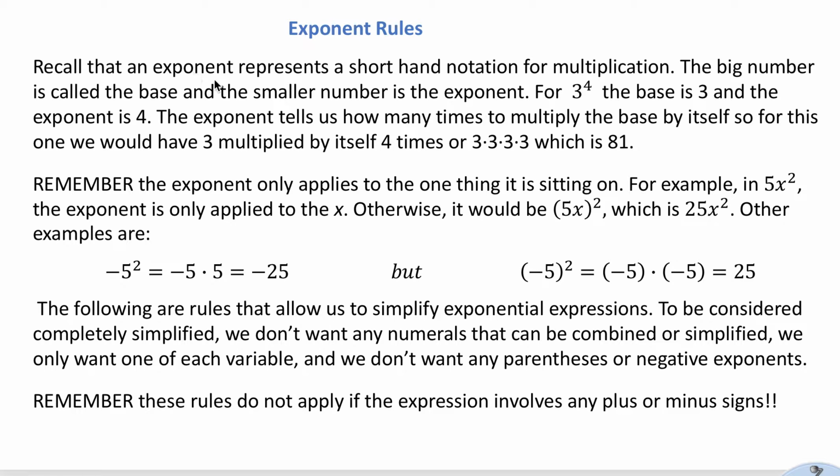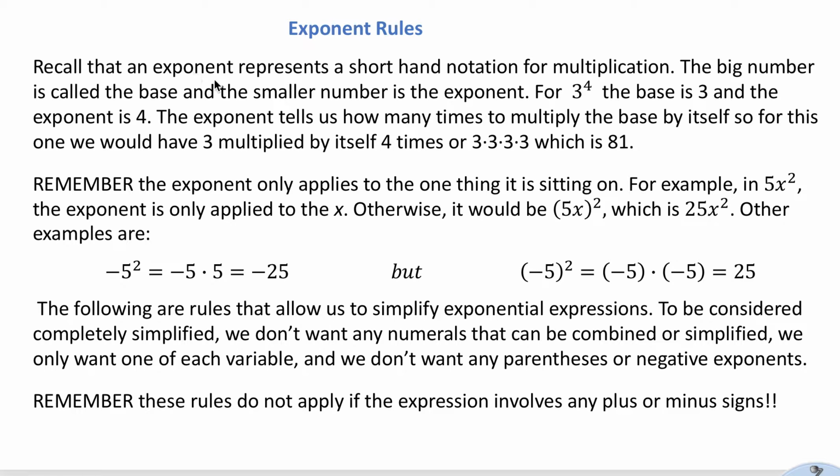You only want one of each variable, no parentheses, and no negative or zero exponents either. So remember, these rules do not apply if the expression involves any plus or minus signs. Just like always, look out for those plus or minus signs. Everything has to be only multiply and divide.